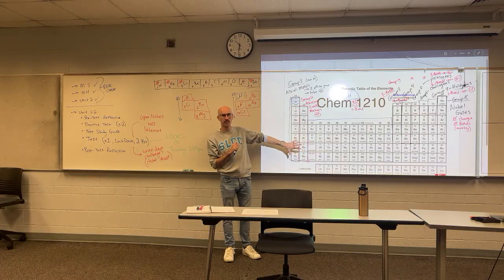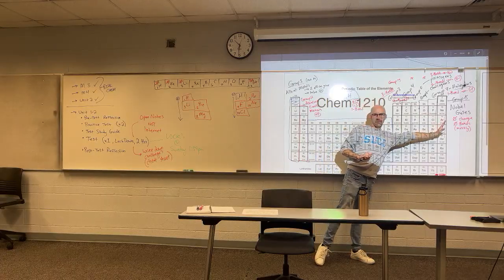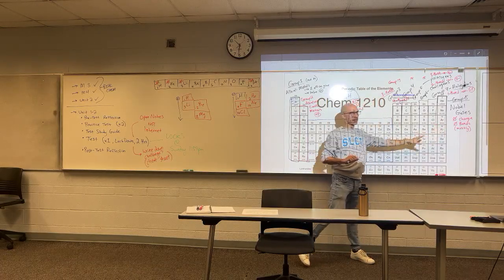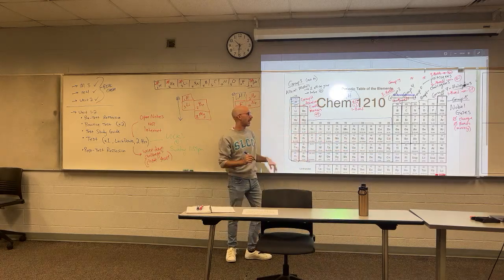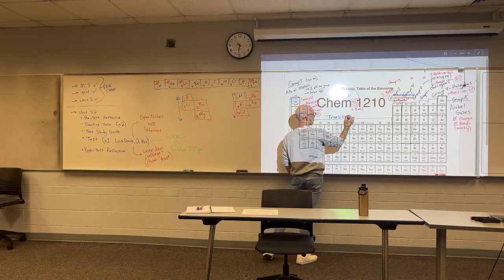We're going to come back and talk about what S means later. This right-hand square, they can be thought of as the P block of elements. We'll talk about that later. This can be thought of as the D block, and they're known as the transition metals.